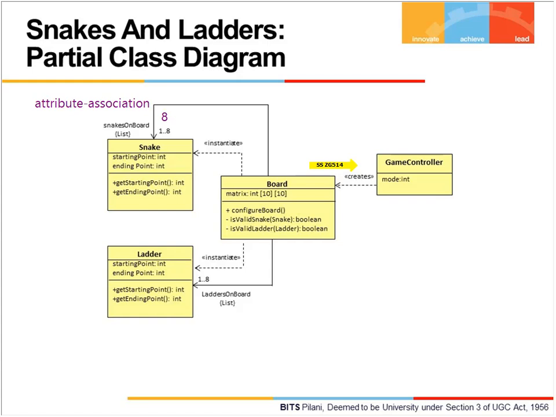When multiplicity is written in range, it is written in range whenever there is the need for a range, right? So whenever there is a collection, a list, you write the multiplicity in range.